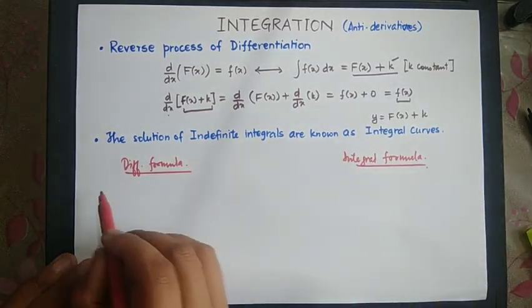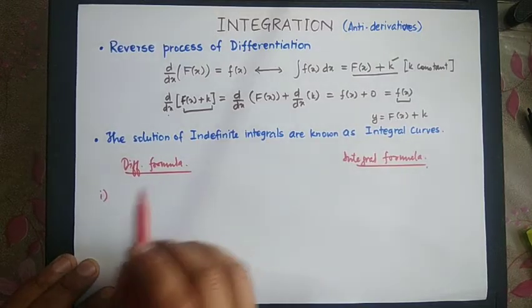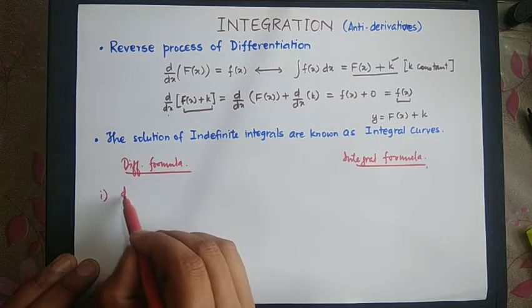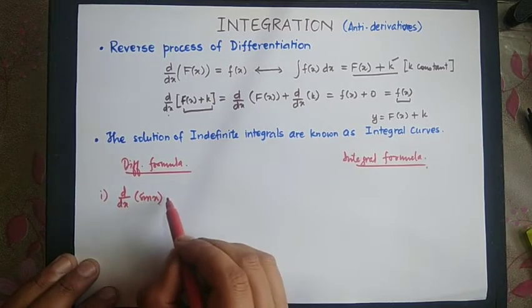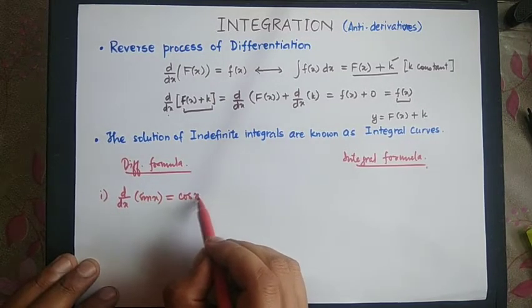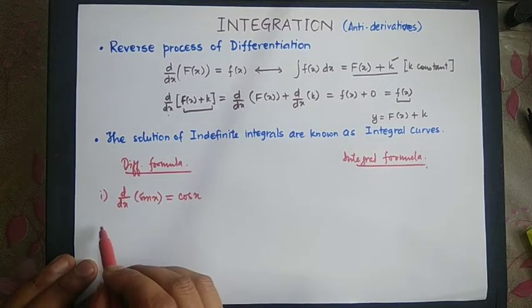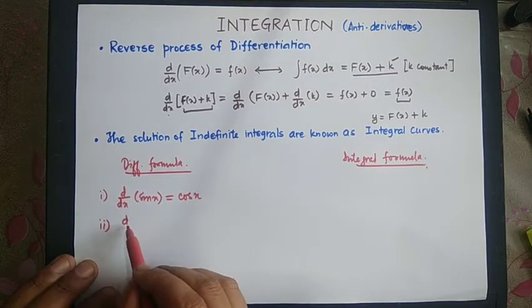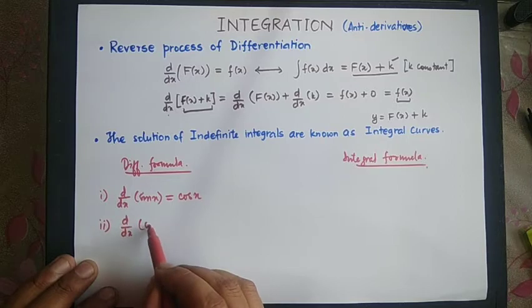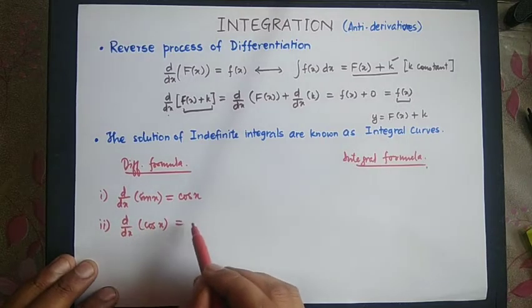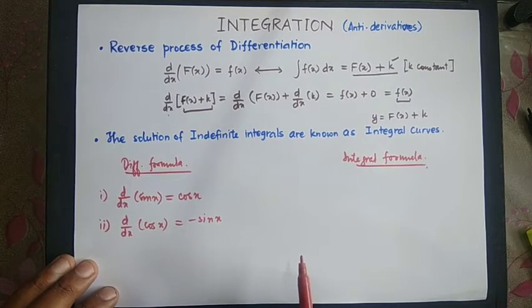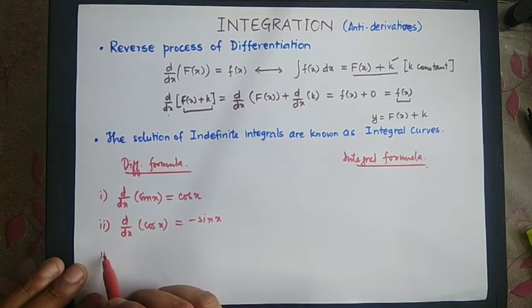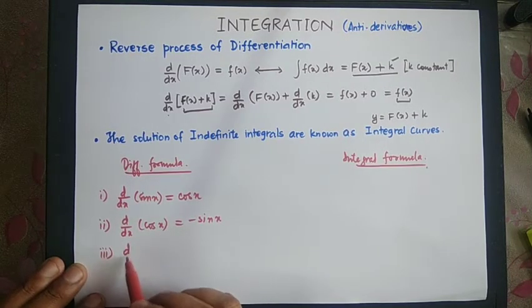The first formula which we learned, for example, I'm taking differentiation of sin x, and how much is this? It is cos x. And we have differentiation of cos x to be minus sin x. Similarly, I'm just taking trigonometric functions for now.